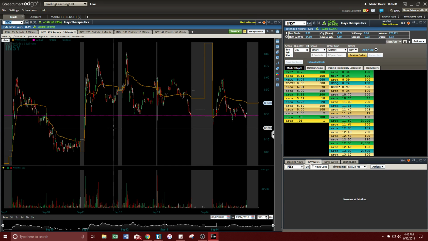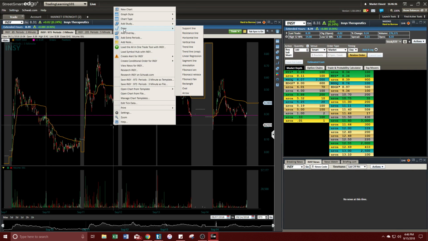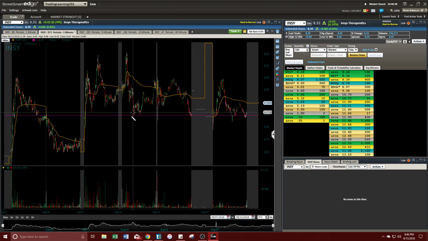860 to 880. So I'll put a support right there. That dotted line you just saw is just the previous day close.